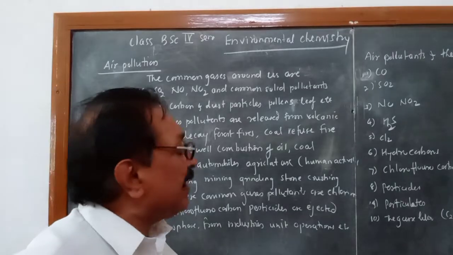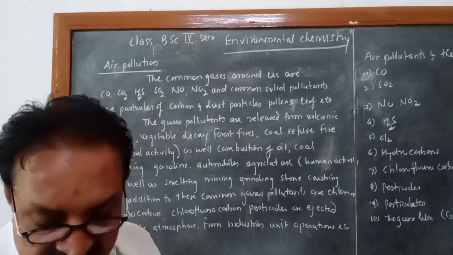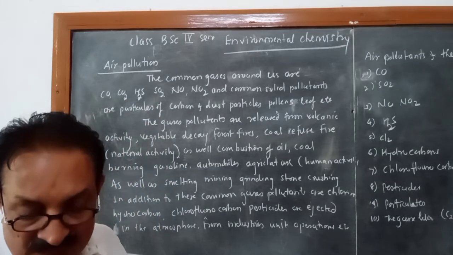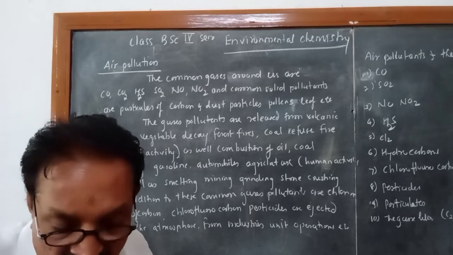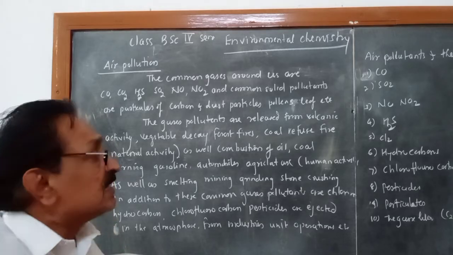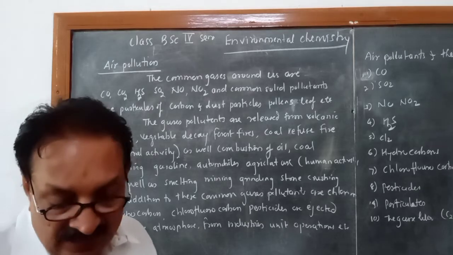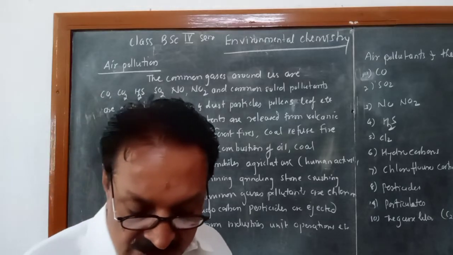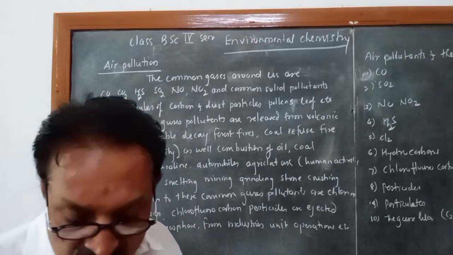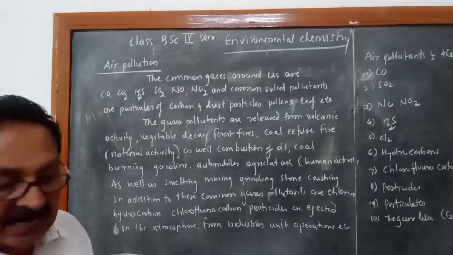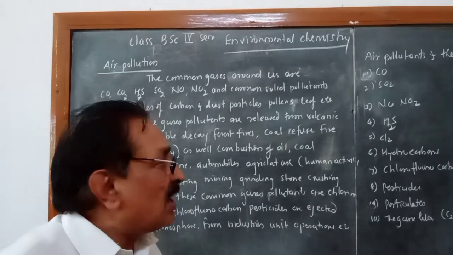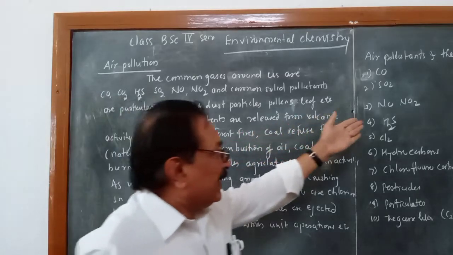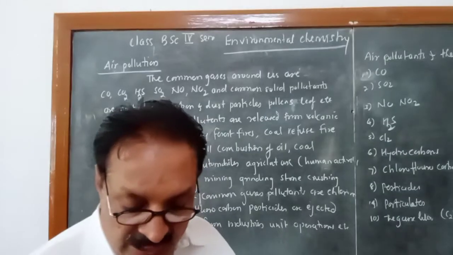The second one is sulfur dioxide. This sulfur dioxide comes from incomplete combustion of sulfur-bearing fuels such as coal as well as oil, even volcanic eruptions. Then oxides of nitrogen like nitric oxide and nitrogen dioxide. These come from combustion of fuels, then interaction of nitrogen and oxygen in the atmosphere at very high temperature at the time of lightning, and there is a production of nitric oxide as well as nitrogen dioxide.